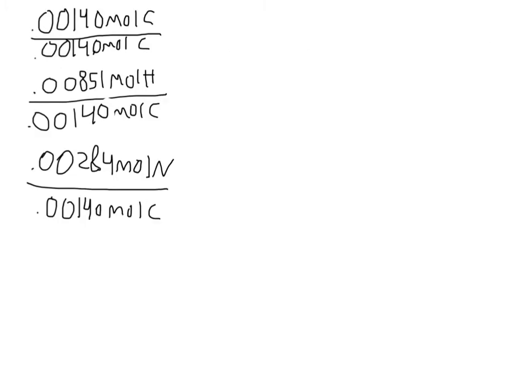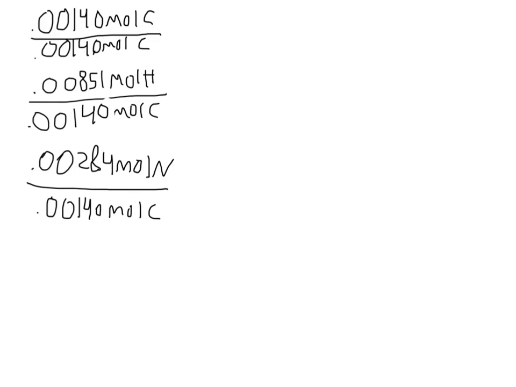To find the empirical formula, we take the element with the least amount of moles, which in this case is carbon, with 0.00140 moles, and we divide each number of moles by the smallest.